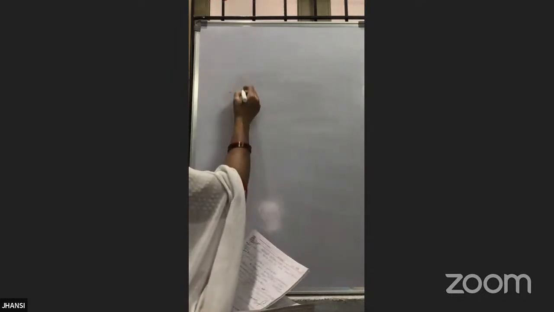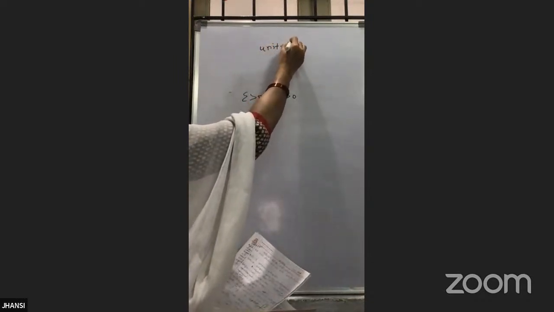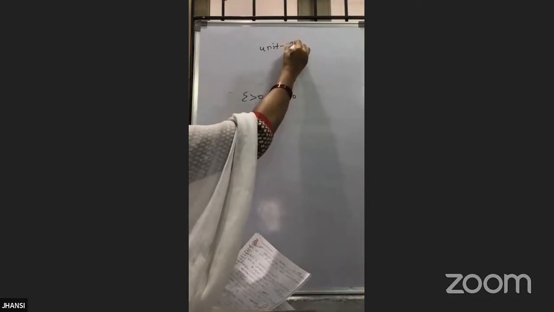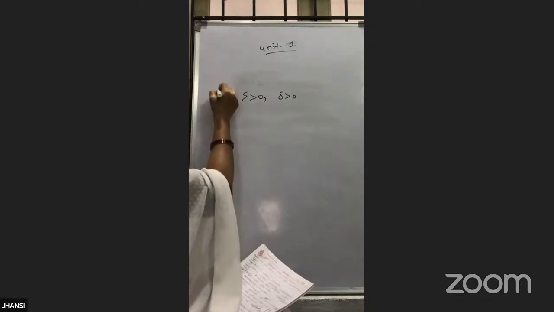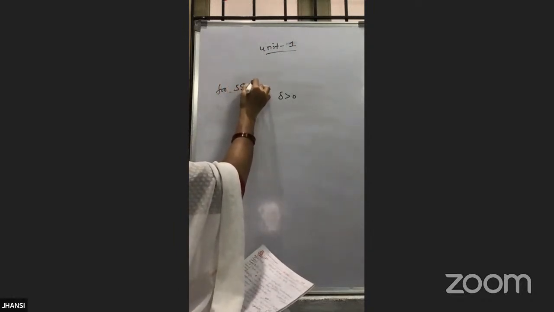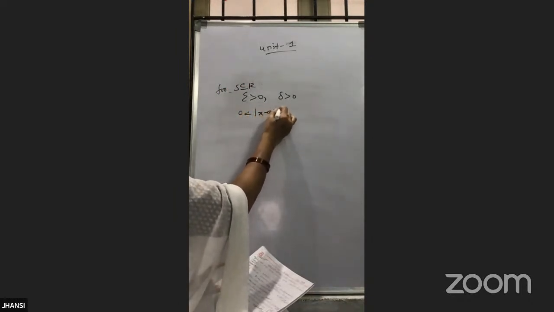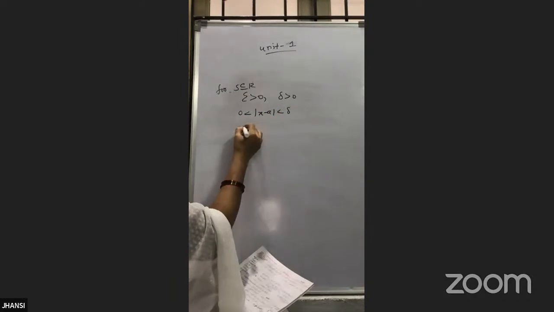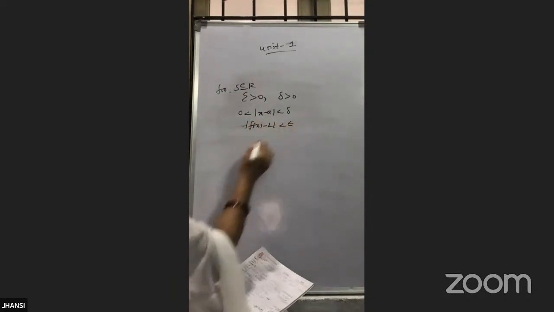On page number 3, you have the definition, that is 1.2.1. But remember just these points: epsilon greater than 0, delta greater than 0. For S a subset of R, you have to remember that mod of x minus a is less than delta, and also mod of f of x minus L is less than epsilon.